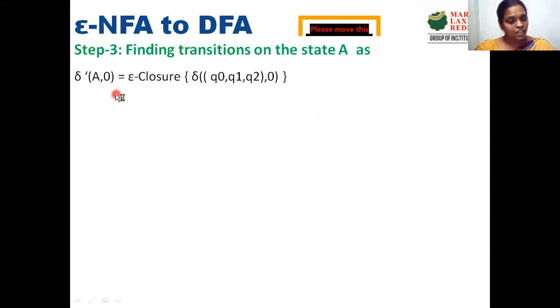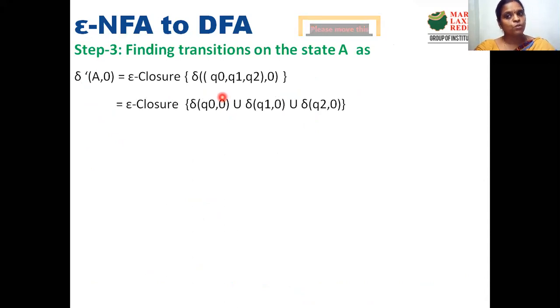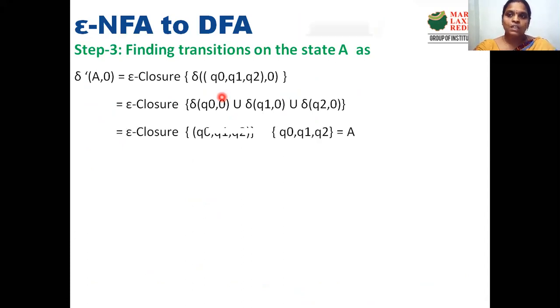Delta dash of A comma 0 is the epsilon closure of delta of Q0, Q1, Q2 on 0, that is Q0 on 0 union Q1 on 0 and Q2 on 0. Q0 on 0 has no move, Q1 on 0 moves to Q1 and also to Q0, and Q2 on 0 remains in Q2 itself, from the NFA transition diagram. So that is Q0, Q1, Q2 again, which is A.